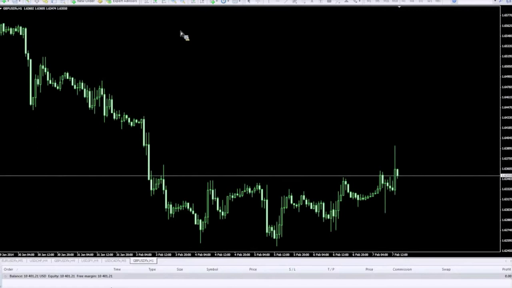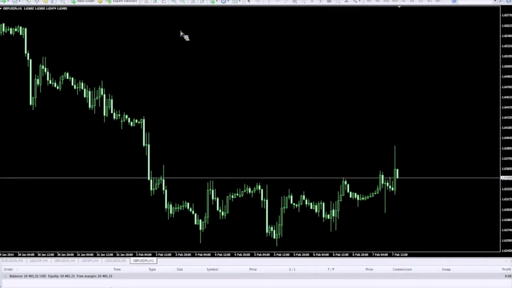The reason I want to focus on price action is that number one, the chart never ever ever tells you a lie. A candlestick chart never lies to you. Number two, the market always moves in the right direction.